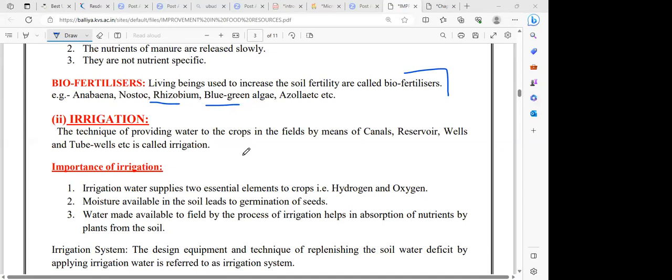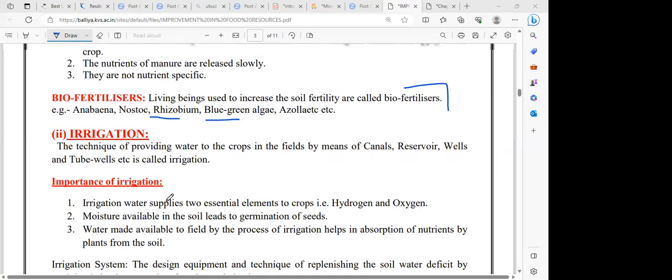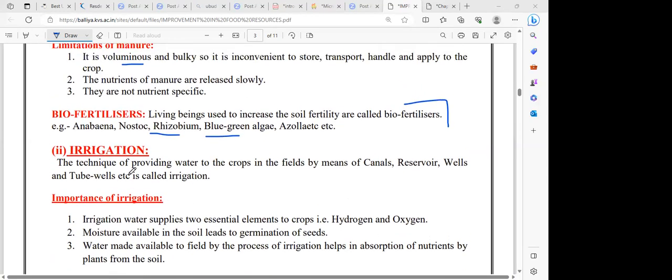Irrigation water supplies two essential elements to the crops, hydrogen and oxygen, because water is H2O. Moisture available in the soil leads to germination of seeds. Water made available to the field by irrigation helps in absorption of nutrients by the plant from the soil. Clear? So that's why we do irrigation, right? You will only write these two things.